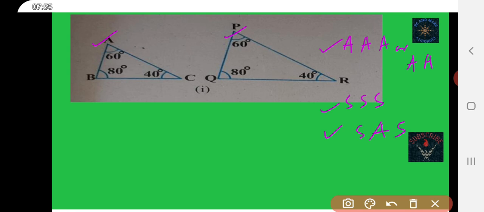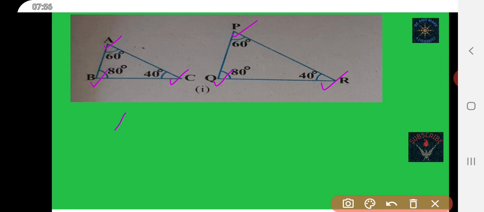So here three angles are given, so we can use the AA similarity criterion to check whether two triangles are similar or not. Here you see angle A corresponds to angle P and they are equal. Angle B corresponds to angle Q, they are equal. Angle C corresponds to angle R, they are equal.